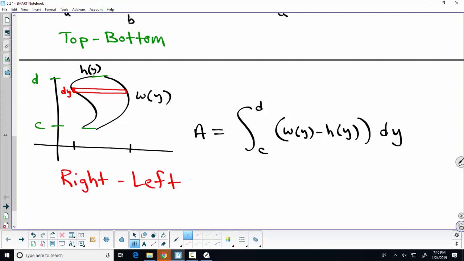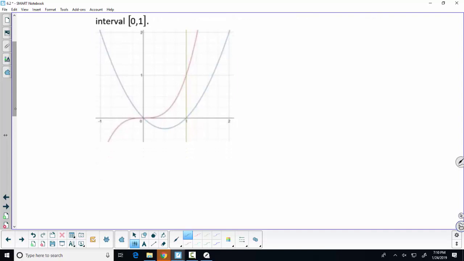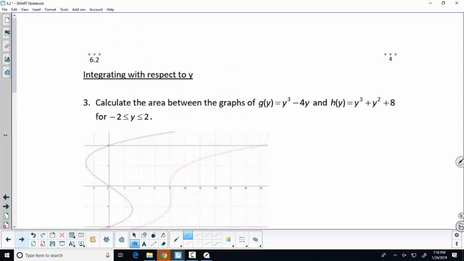As we'll see, let me just show you a couple of figures. So, this example, where we're finding the area of this region, versus example 3. Example 3 is a perfect candidate because we've got functions of y given to us. If we're thinking, I don't like y's because I'm used to dealing with x, then it's kind of a problem.